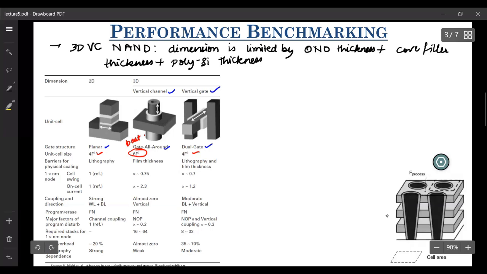So that is why your physical cell dimension is higher as compared to your vertical gate or your 2D NAND flash.